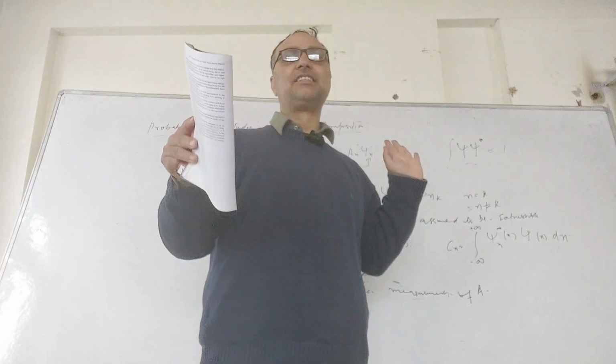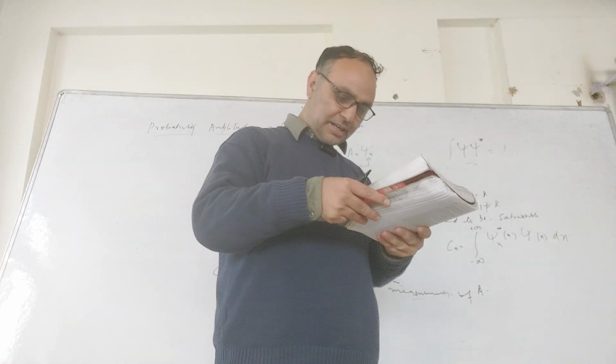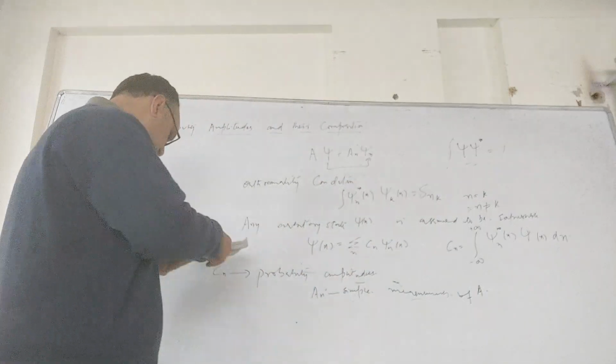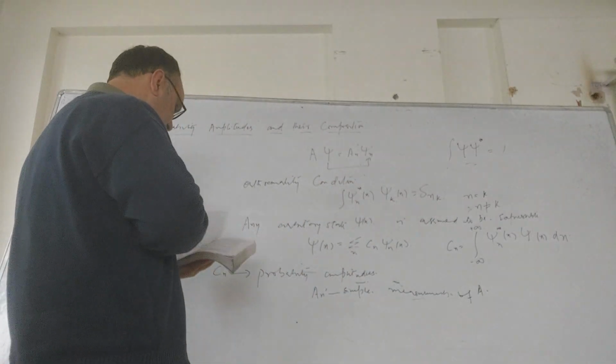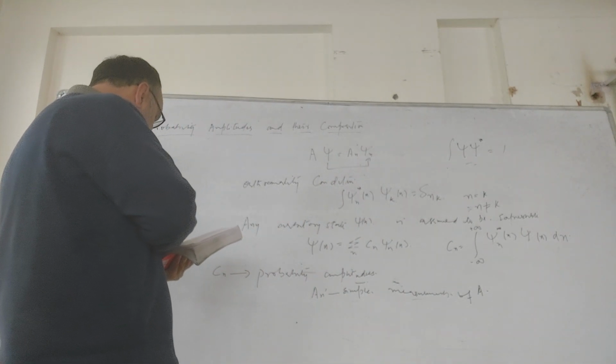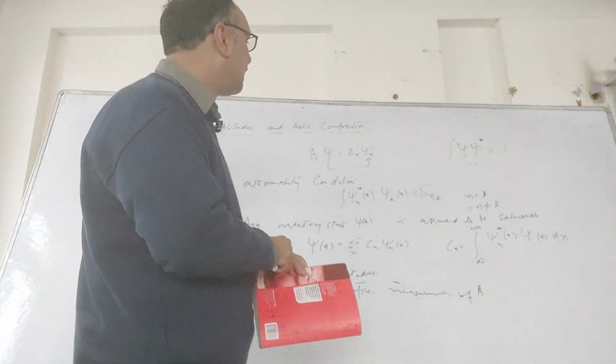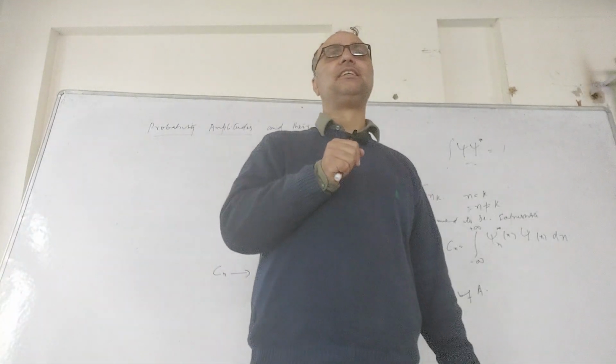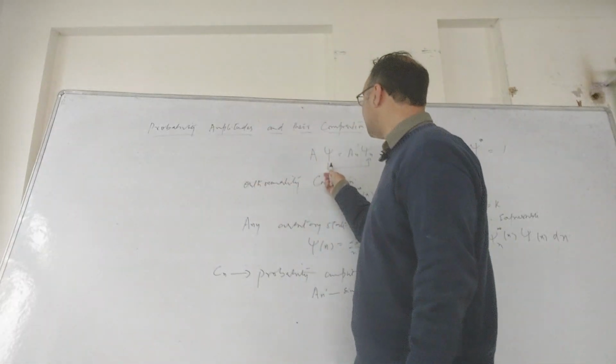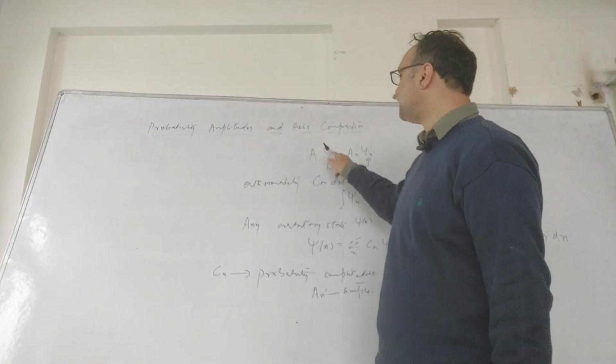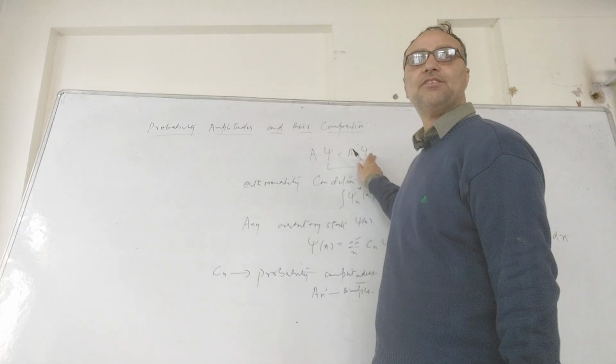If there are different eigenstates corresponding to the same eigenvalue, then the issue is that if we have two eigenstates, and an operator acts on one eigenstate, it will give us this eigenvalue.